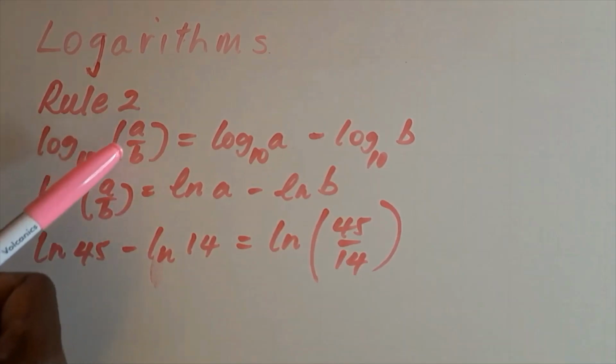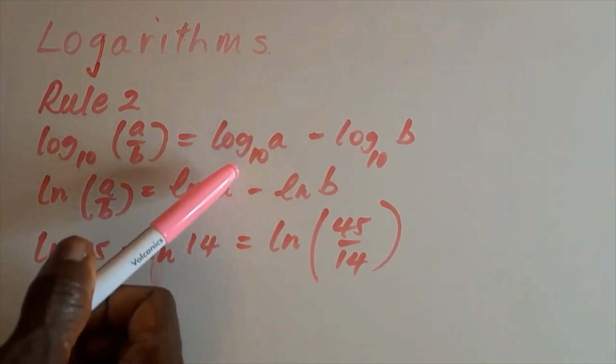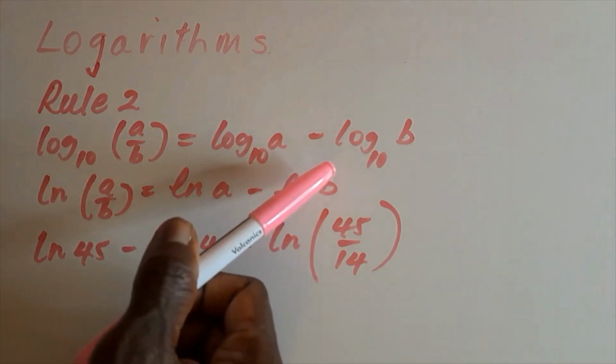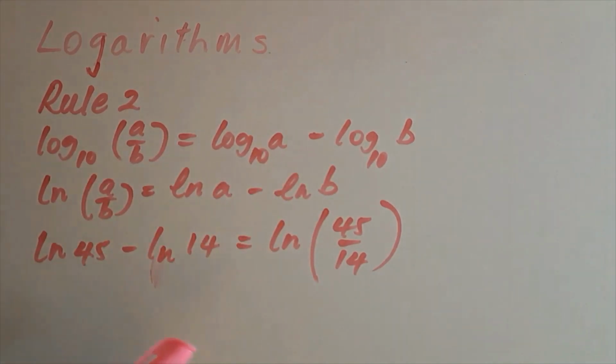The logarithm of one value divided by another is the same as the logarithm of the numerator added to the negative value of the denominator, or the denominator subtracted from the numerator, to base 10. Same applies for the natural logarithm, that's the base e.